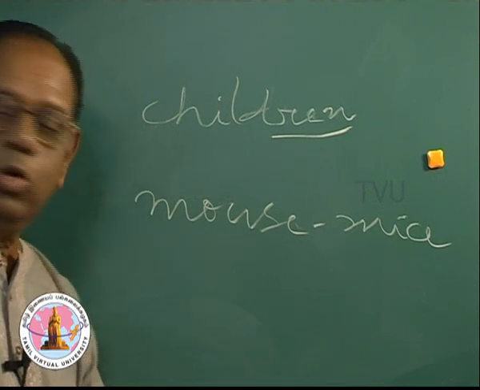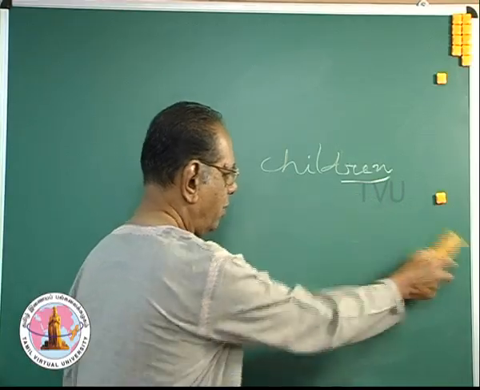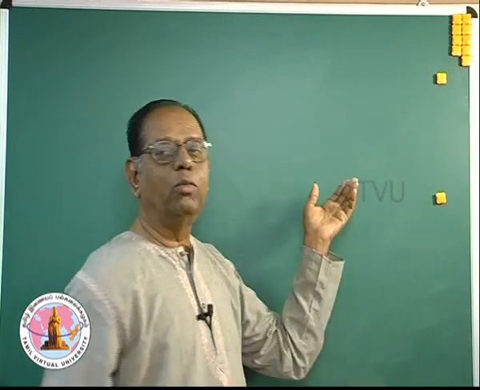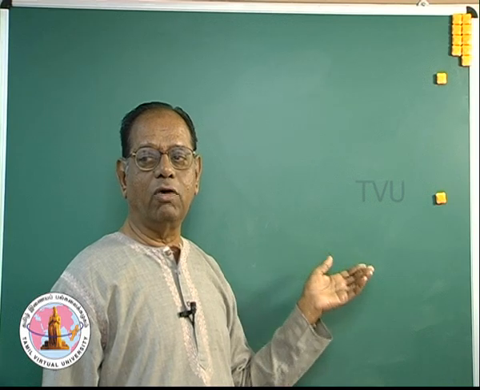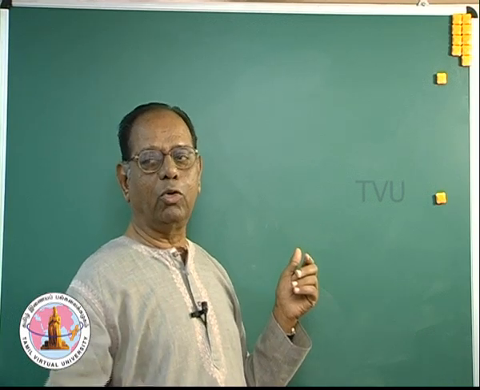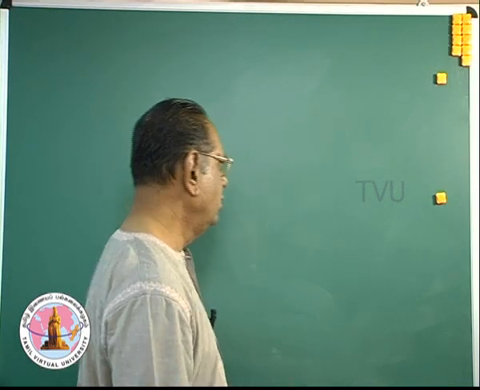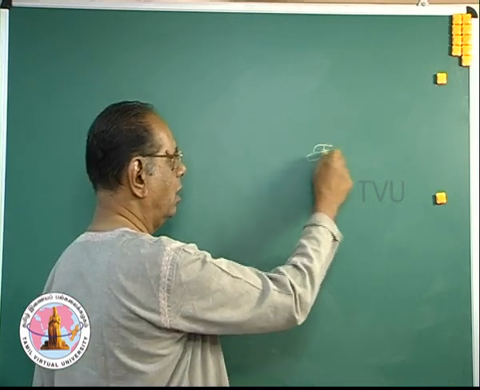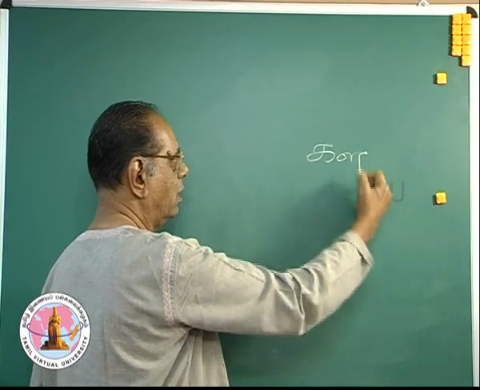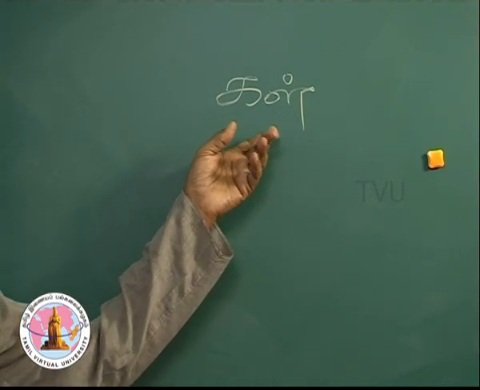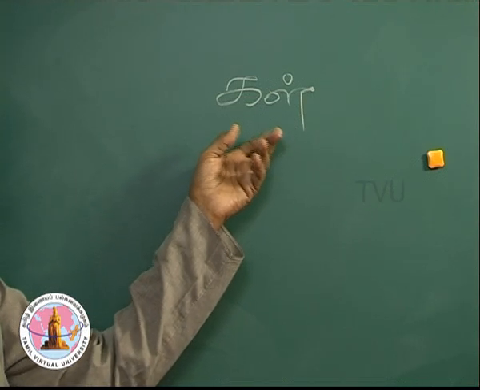So, I am not going to give you all the lists from English. There are so many varieties of making a singular into plural in this language, but in Tamil we have got one word. I call it a word because it has its own sense, it has a meaning of its own.